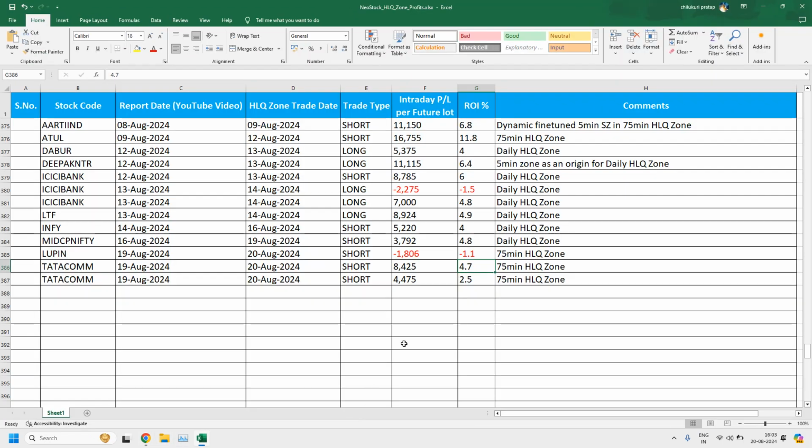And what is the profit we got? 4,475 rupees, which is a 2.5% ROI. Fine, that is okay. ROI is less than 6%, but if you combine both the trades together, you are achieving 7.2% ROI, because you are using the same capital for taking both the trades.